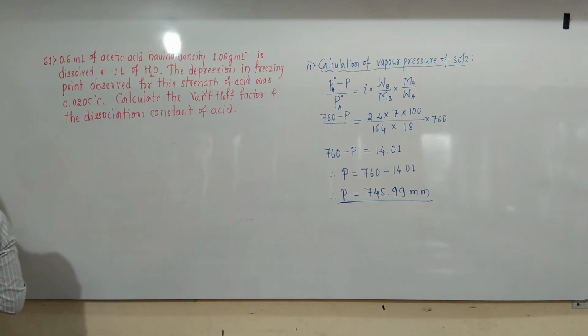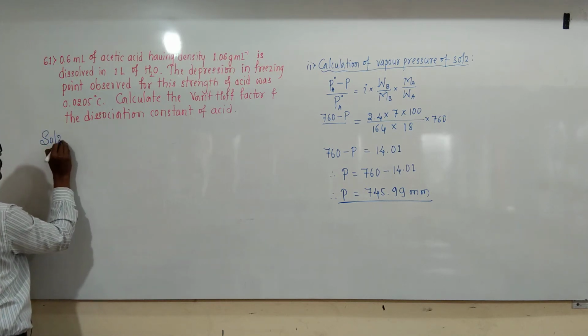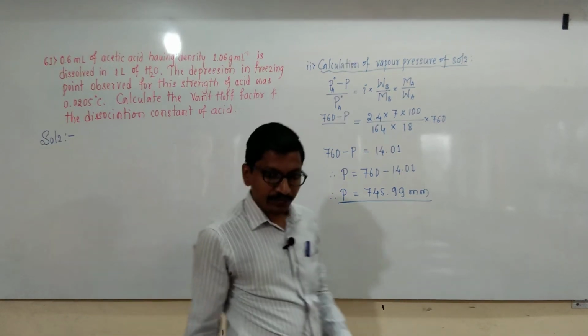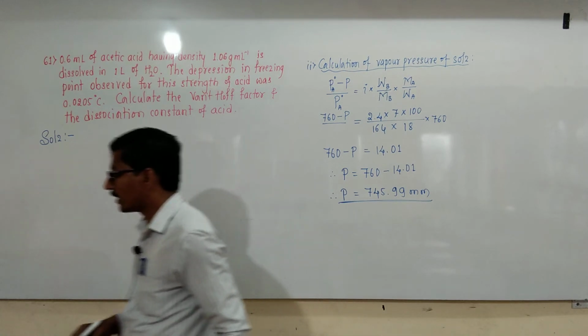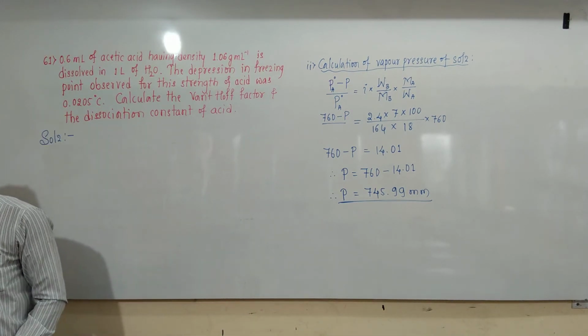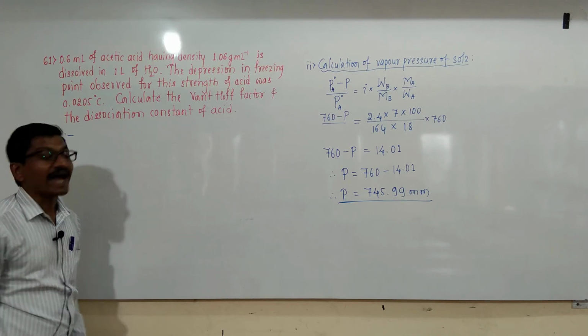Here also, this problem is also based on the van't Hoff factor, and first we have to calculate the van't Hoff factor, then the degree of dissociation or dissociation constant of the acid.